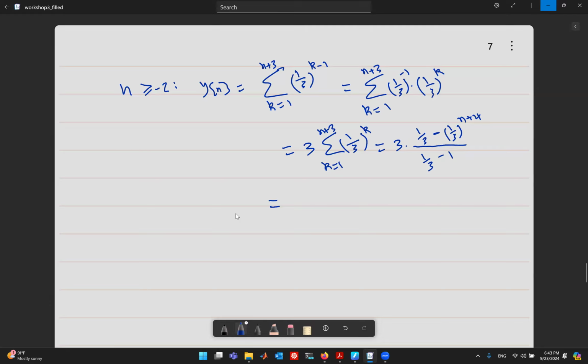This will be 2/3, so leave the 2 here, and this will be 1 minus 3 times 1/3 to the power n plus 4.